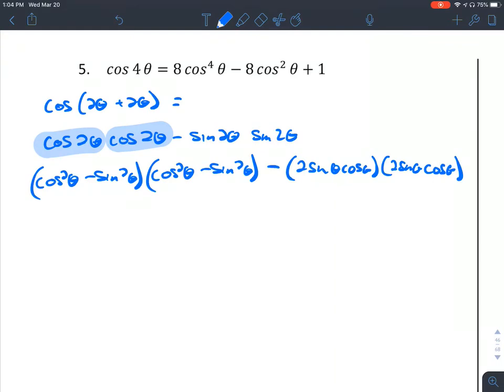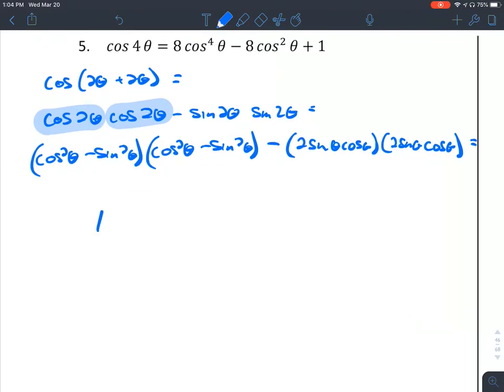What can be done now? Here's what I'm trying to accomplish. The right side only uses cosines, and this left side has sines and cosines. So if I can try to make this less siney and more cosine, that's probably going to be a good idea.